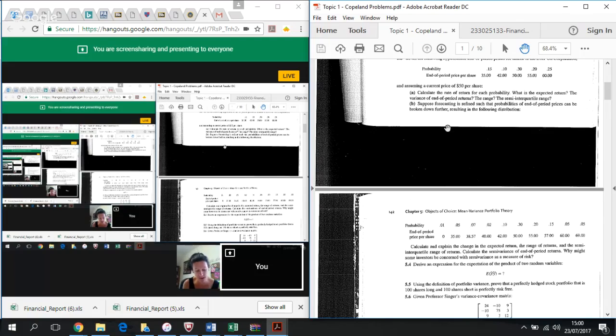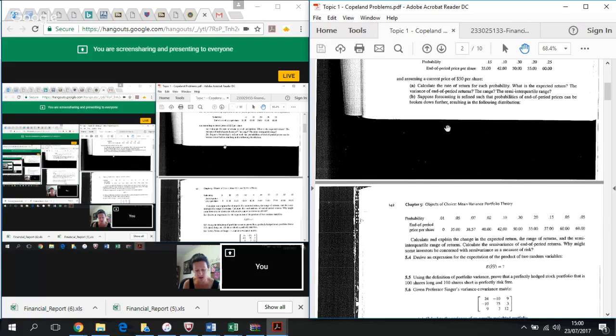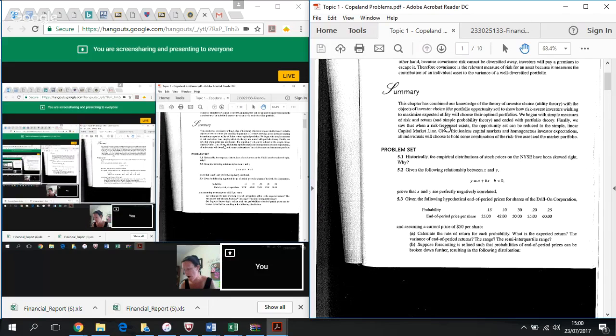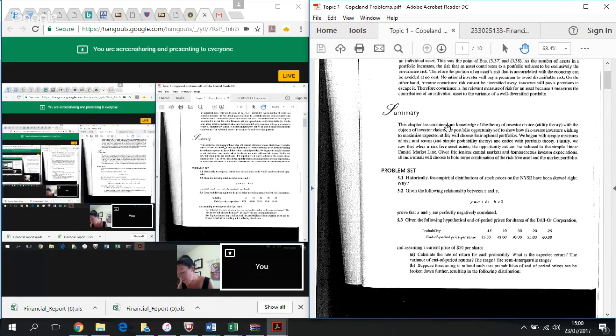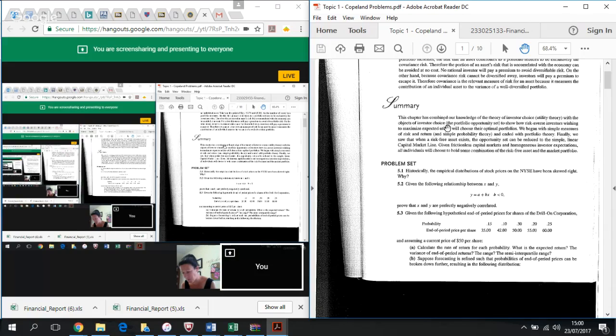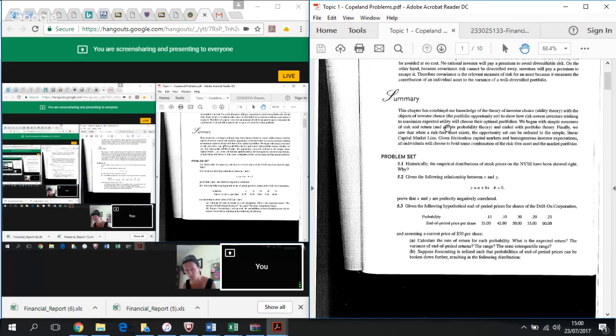So that 5.1: historically, the empirical distribution of stock prices on the New York Stock Exchange has been skewed right. Why? The question tells me they call this a log normal distribution.